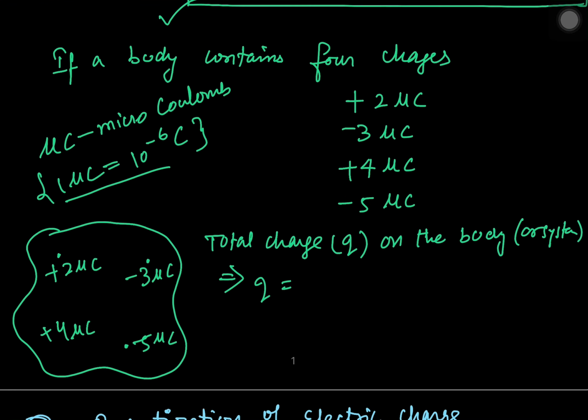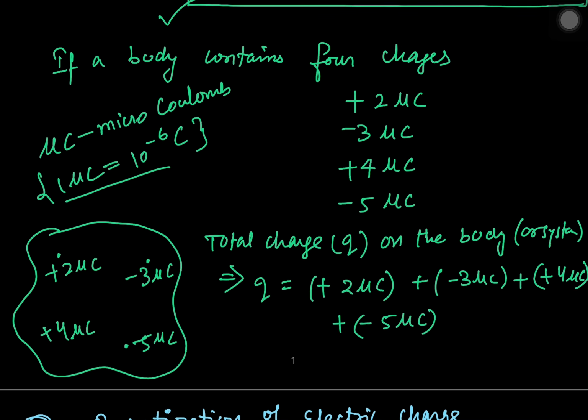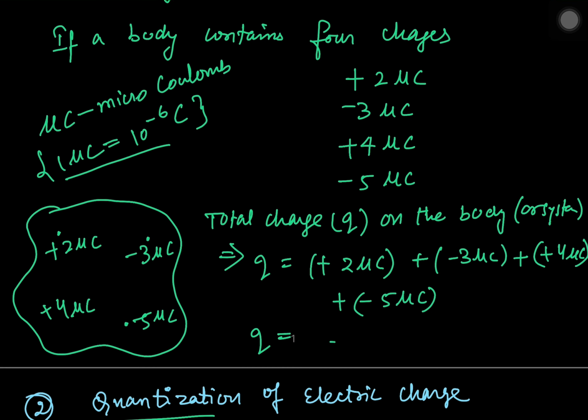So we need to add all these charges: plus 2 microcoulomb, plus minus 3 microcoulomb, plus 4 microcoulomb, plus minus 5 microcoulomb. On solving this, we get minus 2 microcoulomb. So this is the total charge Q on the body.